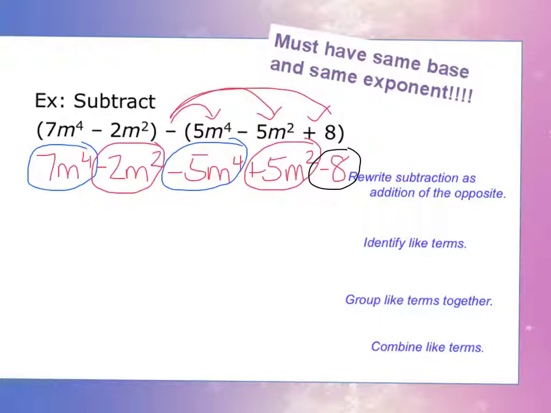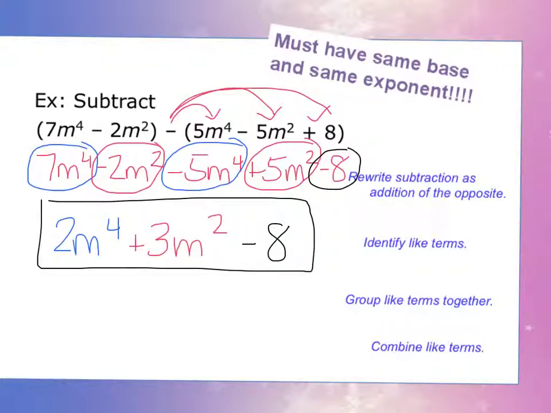And now we'll go ahead and subtract. 7m to the fourth minus 5m to the fourth is 2m to the fourth. Negative 2m squared plus 5m squared is going to be plus 3m squared. And then we just have our negative 8, our constant, which is last. And we have subtracted the two polynomials.